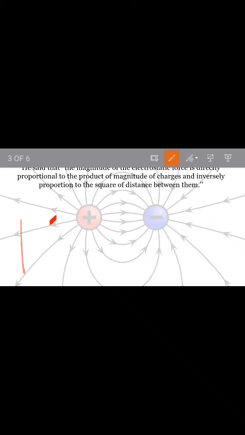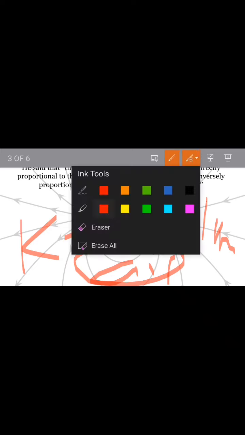Remember one thing, that K always depends on the medium. If it's air, the value of K will vary. If it's vacuum, the value of K is constant, which we are going to calculate in the next slide. But before that, you must remember that K's value varies from medium to medium.